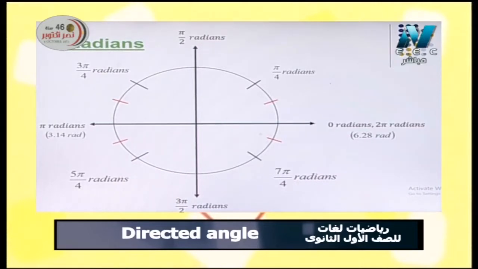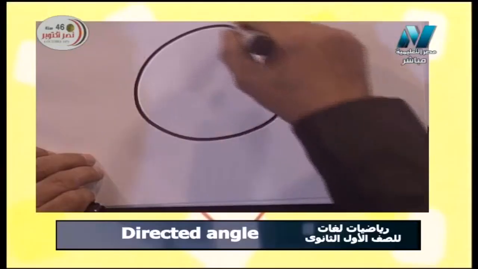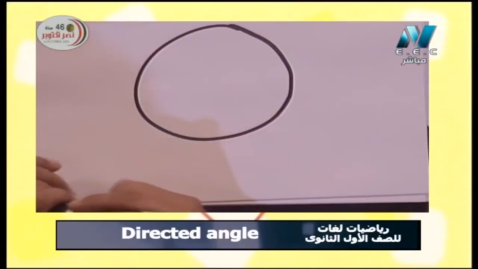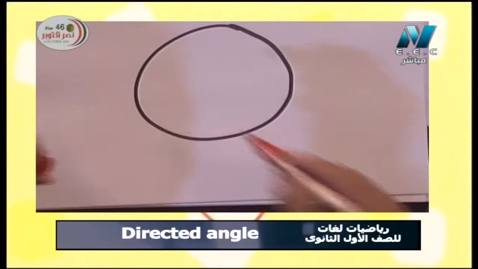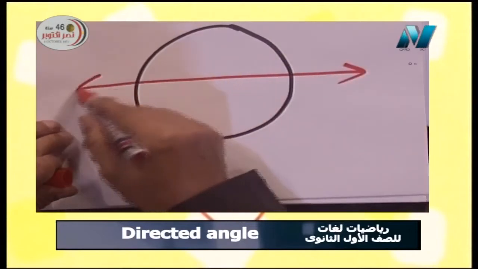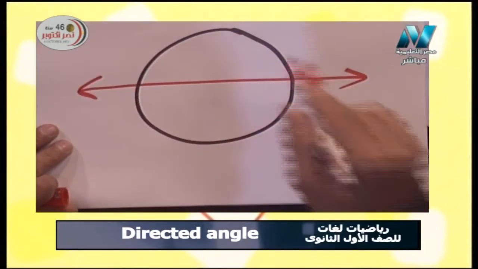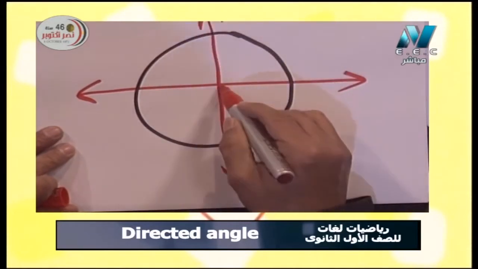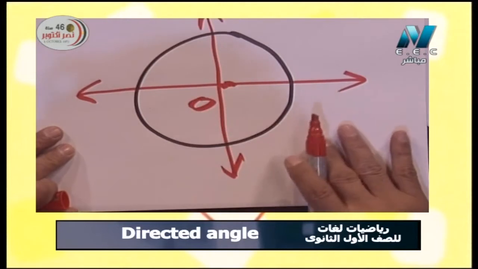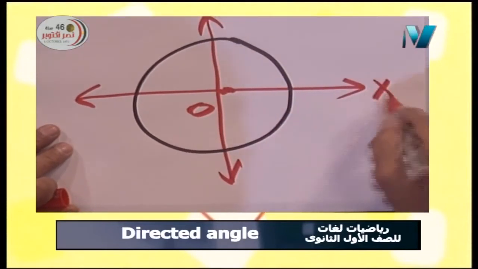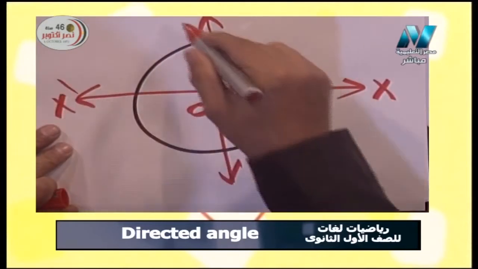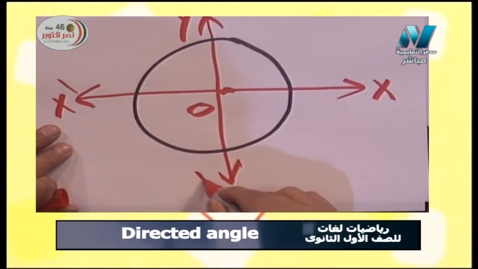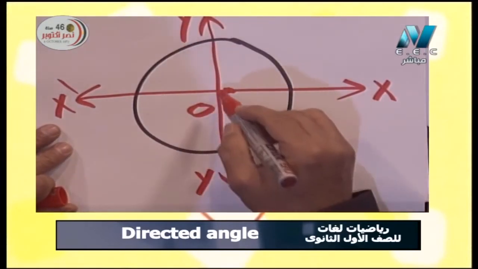We will explain what the unit circle is here. If we have a circle and we have the x-axis here and the y-axis, this is the origin point O, x-axis, x dash, y and y dash. Okay, this is the origin point.